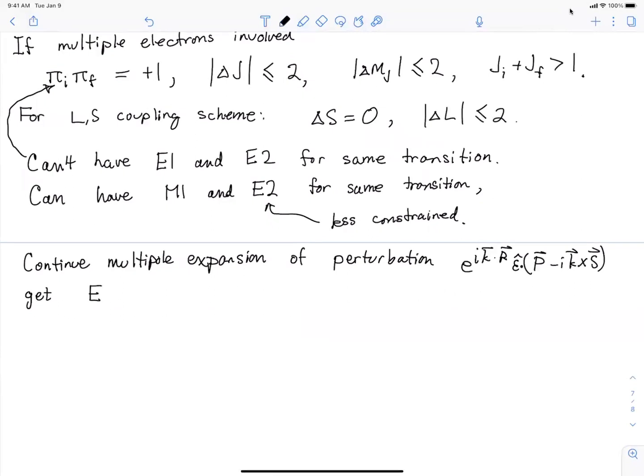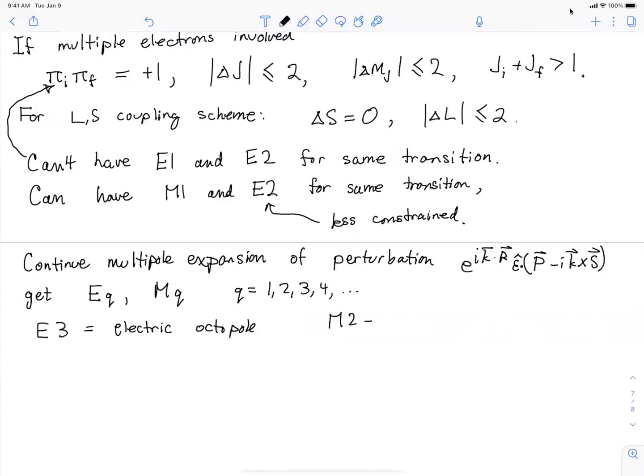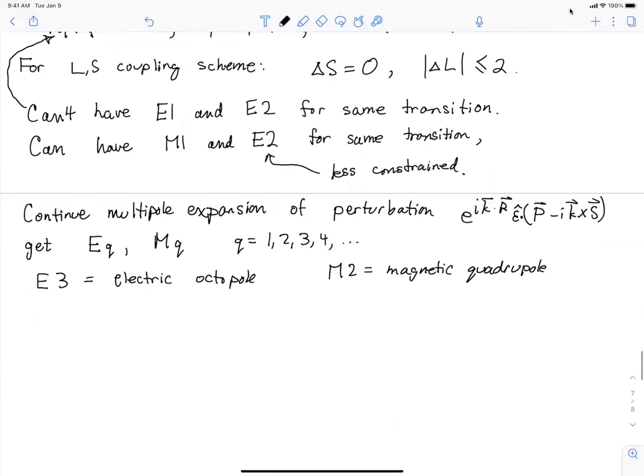They are electric and magnetic Q, where Q can be 1, 2, 3, 4, etc. And so, for example, E3 would be electric octopole, and M2 would be magnetic quadrupole. It involves the magnetic field of the wave interacting both with the spin and orbital angular momentum.